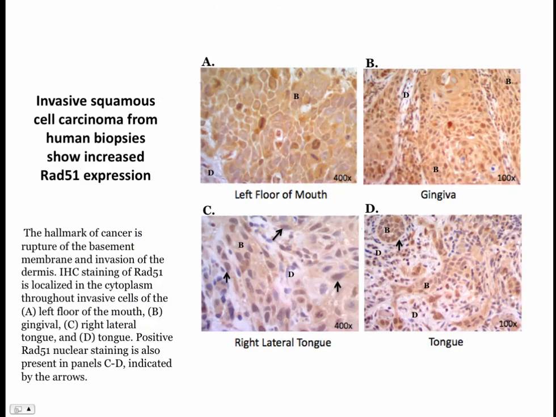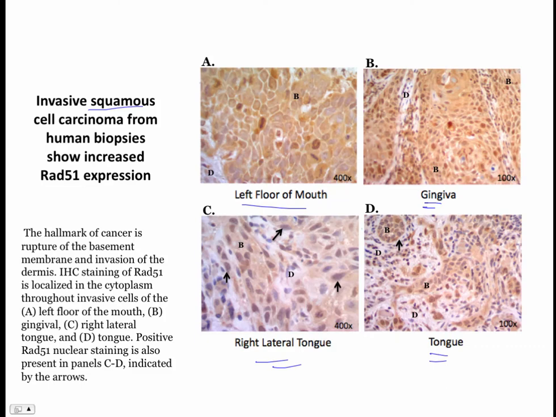Now, here's a little bit of my research that I did, and it's pretty cool because this deals with oral cancer cells in the human cavity. We looked at squamous cell carcinoma from human biopsies, and this is the left floor of the mouth, the gingiva, right lateral tongue, and the tongue. As I mentioned, I was looking for the specific protein called RAD51, which we believed was implicated in oral carcinogenesis.